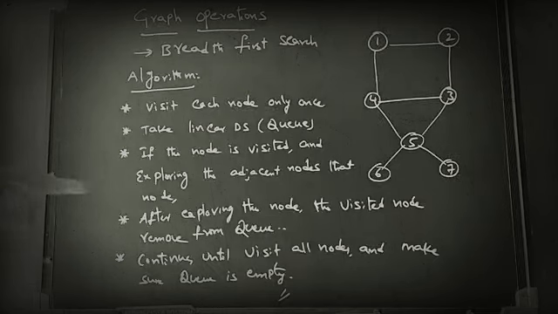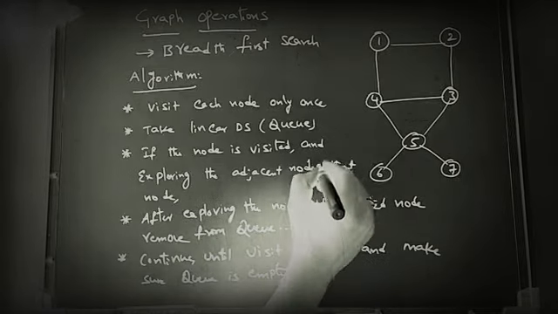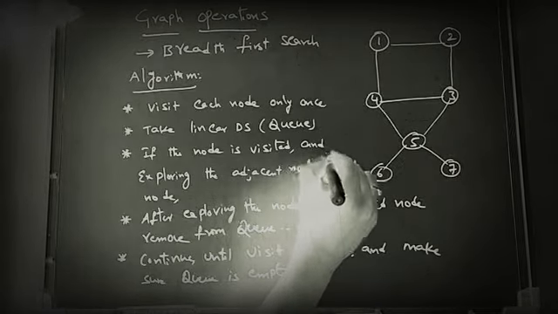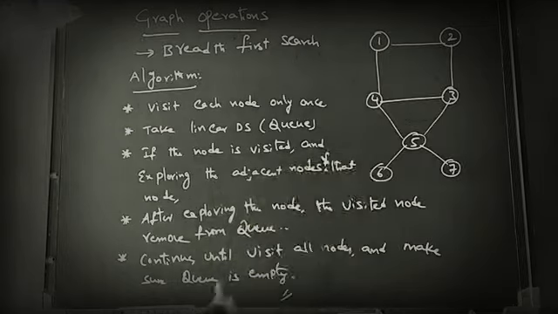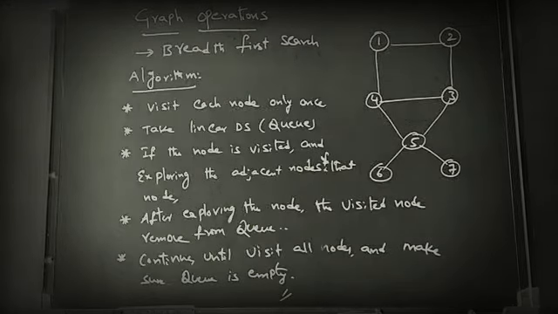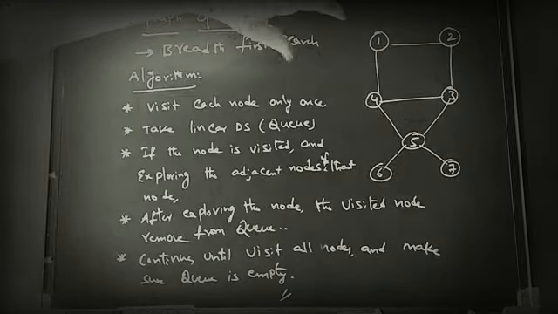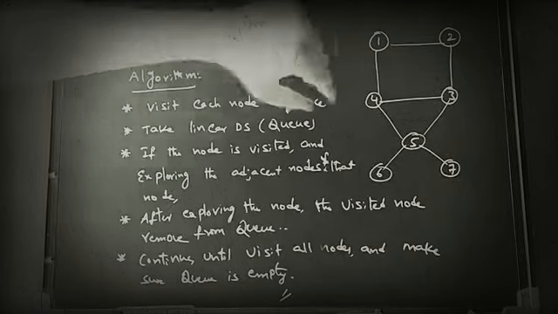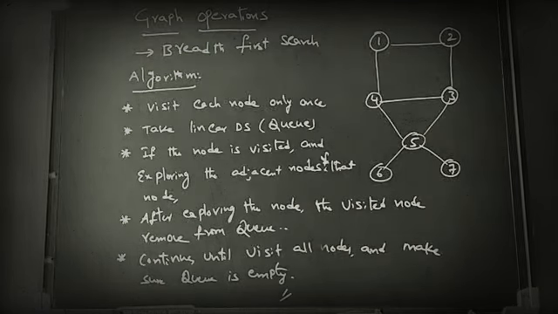Next, if any node is visited, explore the adjacent nodes of that node. Suppose 1 is visited, what are the adjacent nodes? 2 and 4. Like that we explore one after another to visit all the nodes in the given graph.